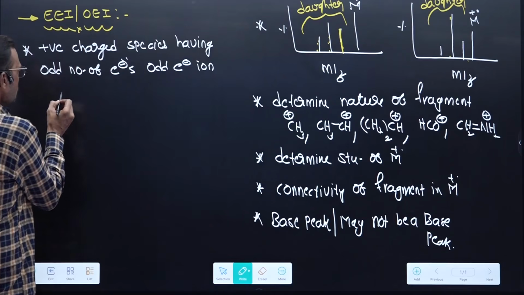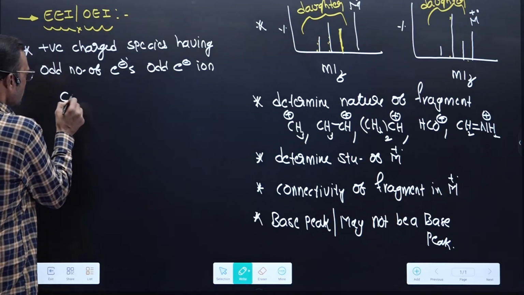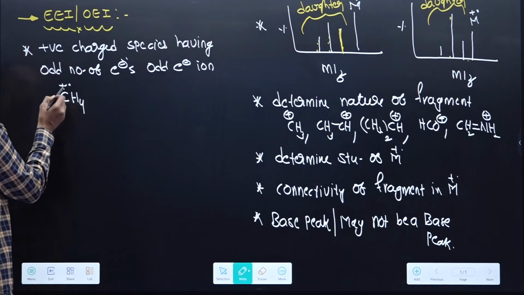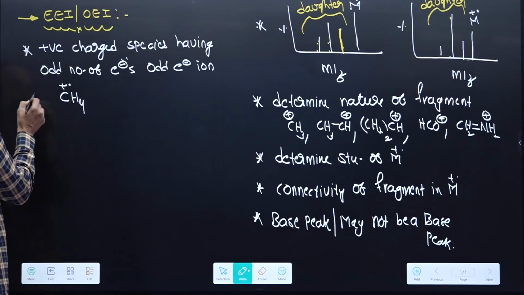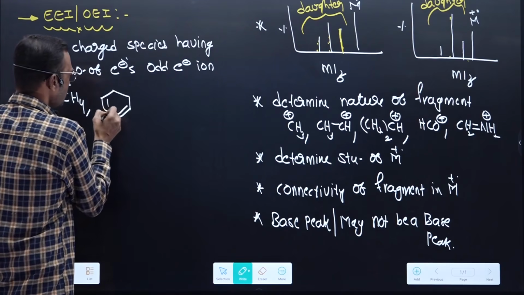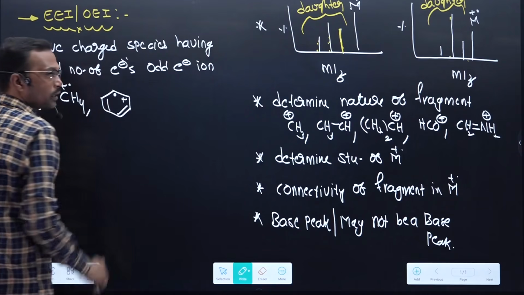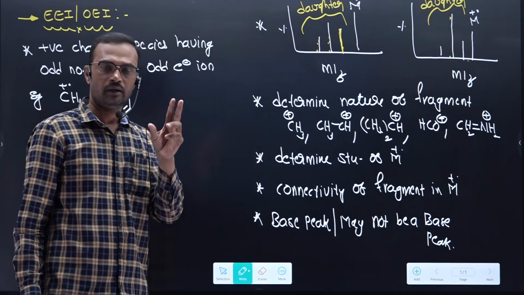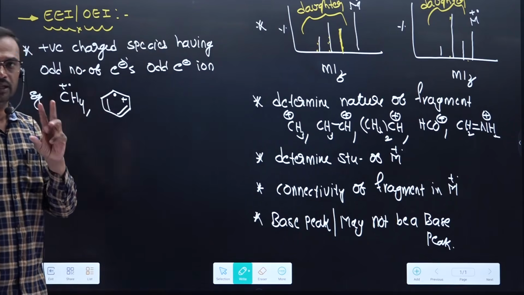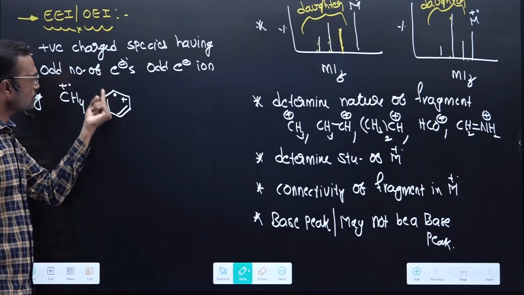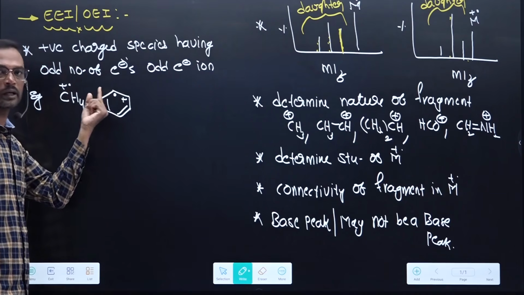A good example: suppose I take the CH4 radical cation, here one unpaired electron is present, so it is an odd electron ion. Suppose I take benzene, also a radical cation, so it is also an odd electron ion. If they carry 3, 5, 7, 9, 13, or 15 electrons, one independent electron is present, it is not paired.